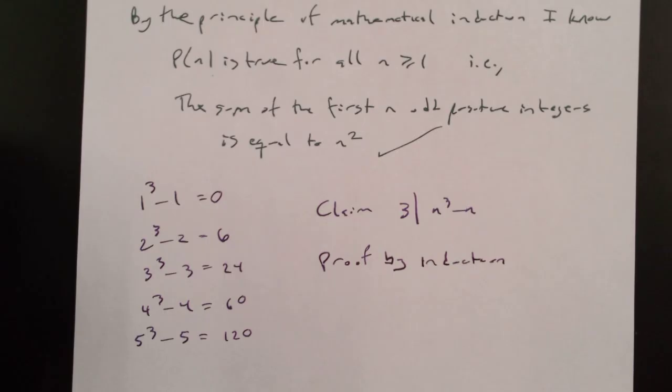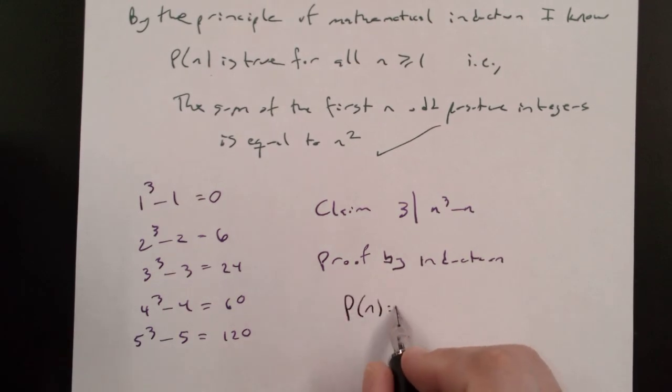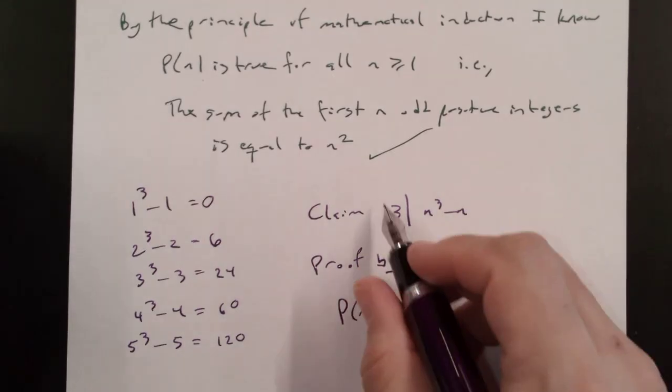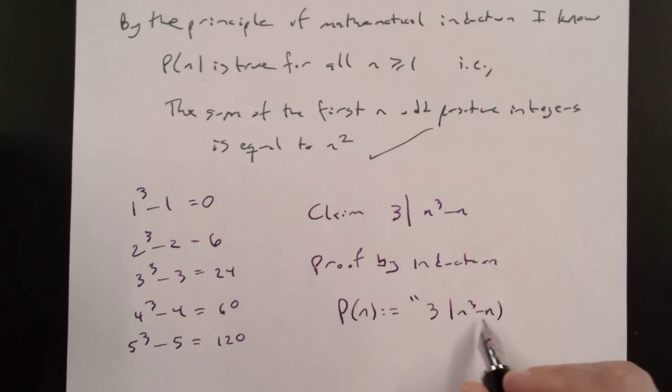Okay, I need my property P of n. P of n, my propositional function, is exactly what we've written up here: 3 divides into n cubed minus n evenly.